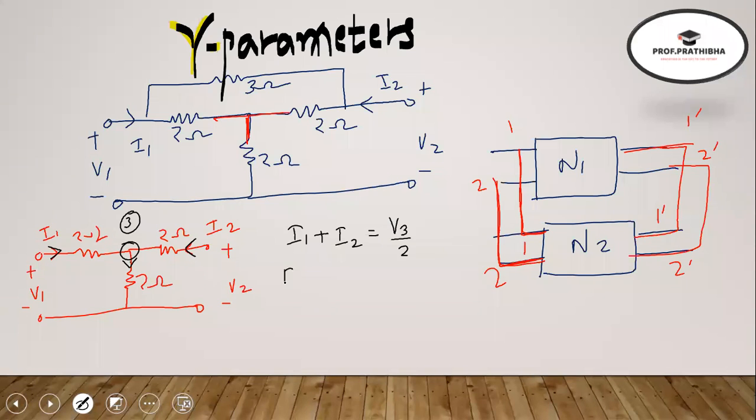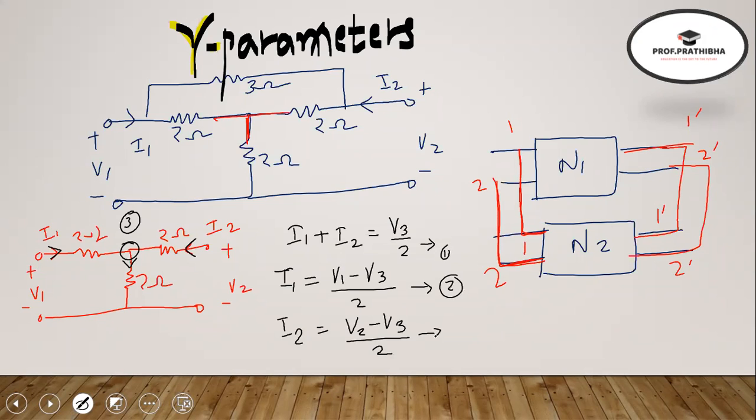Now what is I1? I1 is nothing but V1 minus V3 upon 2. And what is I2? I2 is nothing but V2 minus V3 upon 2. Now what I want you to do is substitute. So I've got one equation here, the second equation here, the third equation here.